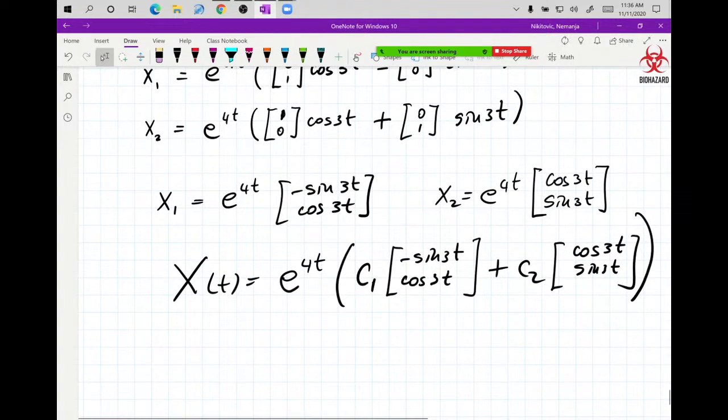So that's your solution. And now people say, but I like my solutions separate. This is your vector solution, so now we would like our solution separate. Well, yeah, you can get that, right?